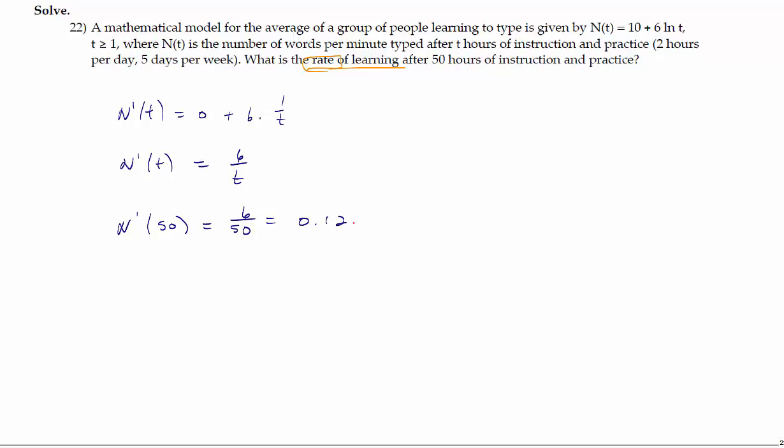So what's my label going to be? Okay. So remember that my rate of learning, N of T, is the number of words per minute typed. So N is going to be the words per minute typed. And what does T measure? T is going to be the hours of instruction.